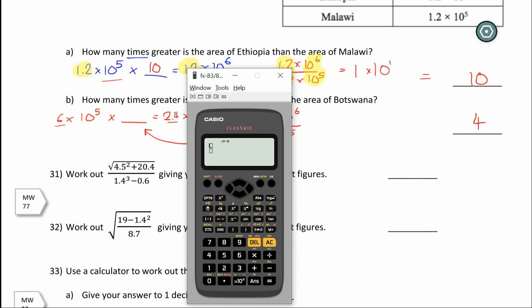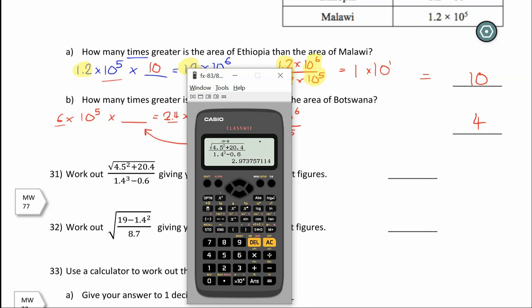So I'm going to start off by pressing the fraction button, then I'm going to press the square root and type in what I've got there at the top, 4.5 squared plus 20.4. The only place you can really go wrong there is to come out of the square root sign too early or something like that. Okay, and then we've got 1.4 cubed, minus 0.6.